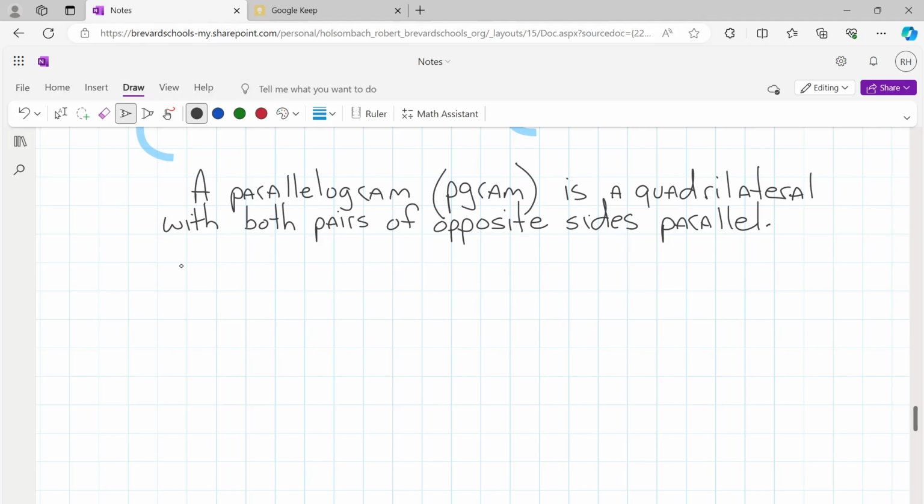If a quadrilateral is a p-gram, here are a whole clump of rules that are true. Opposite sides are congruent.